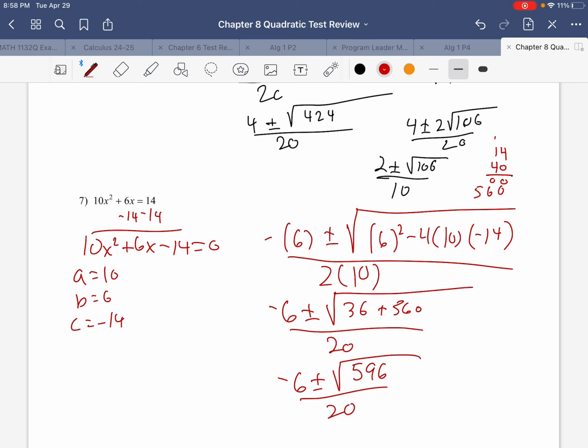I'm going to try to use some smaller numbers when you guys are actually taking the test, but in this example here, when I've got 596, if I divided that by 4, I'd get 149.